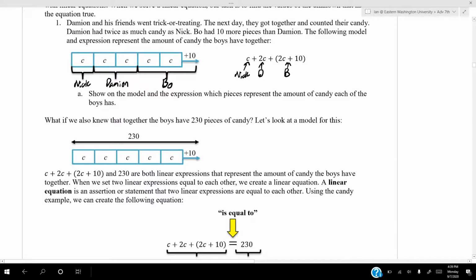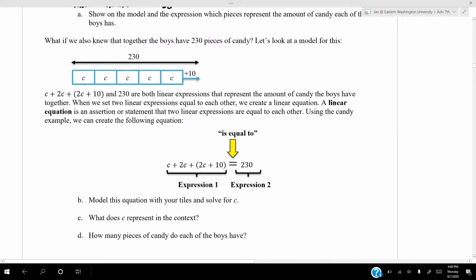We are asserting that the two expressions are equal to each other. We know this for a fact. This isn't something we're guessing. So using the candy example, we can create the following equation: C plus 2C plus 2C plus 10 is equal to 230.